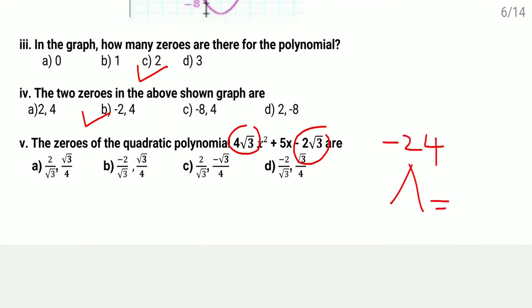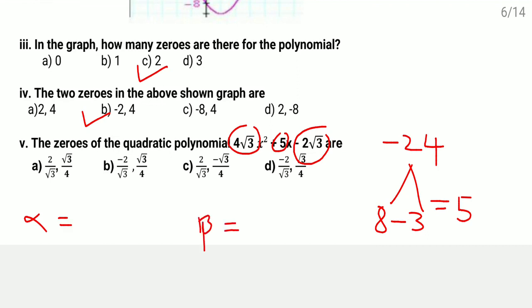I'm just writing the sum here at this place. So sum is 5. Coefficient of x means that is the sum, which is 5 here. So 8 3s are 24, but 8 minus 3 if I do, I get 5. And 8 into minus 3 I do, I get minus 24. So these two numbers are the perfect ones. Okay. So here I'll write down directly alpha which is equal to and beta which is equal to.